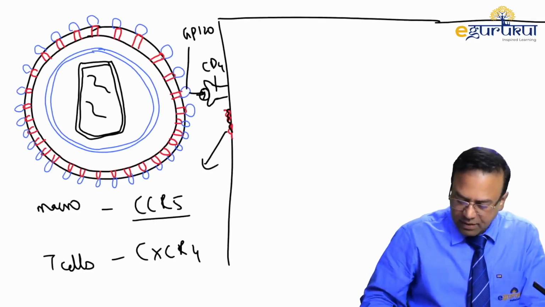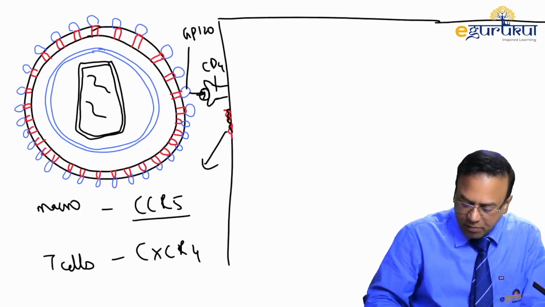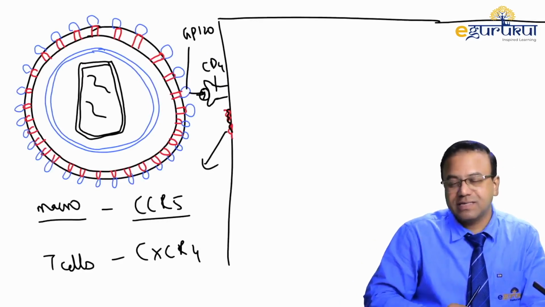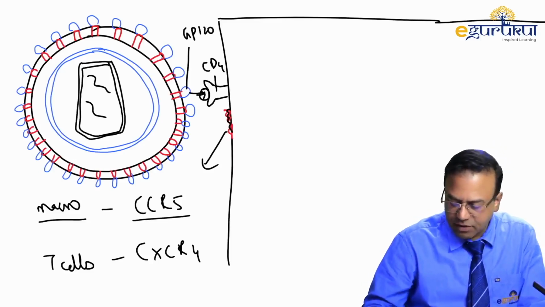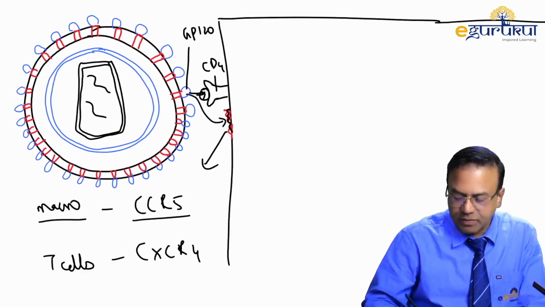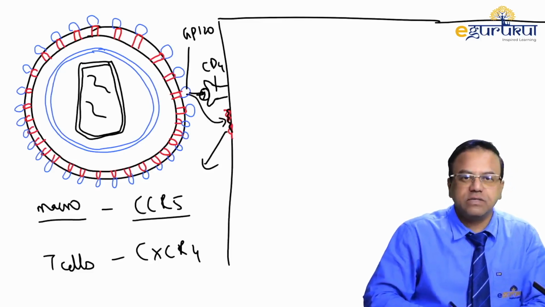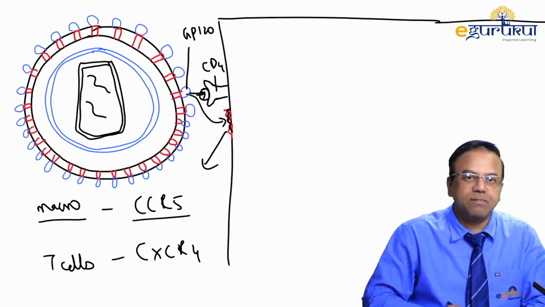So let's look at the co-receptor, that is the CCR5, which is predominantly present on the macrophages, and the CXCR4, which is predominantly present on the T cells. Let's say this is a macrophage, and you're looking at the CCR5. This helps the GP120 undergo the transformational change and also makes contact with the CCR5. The GP120 is able to attach to the combined CD4 and CCR5.